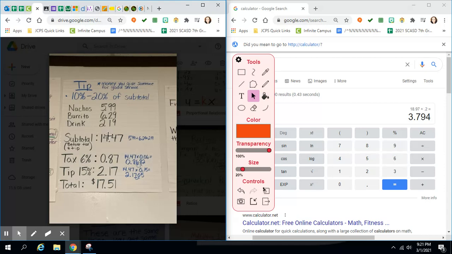You take your subtotal, multiply it by 6%, and round it. You're going to get your tax. Here's for a 15% tip. Again, we take our subtotal, multiply it by 15% as a decimal, and then round our answer to the nearest cent. And then the final total is everything, the subtotal, the tax, the tip added together.